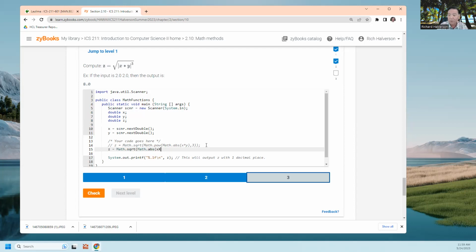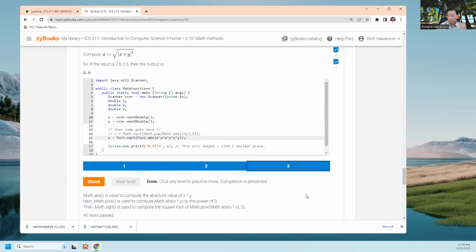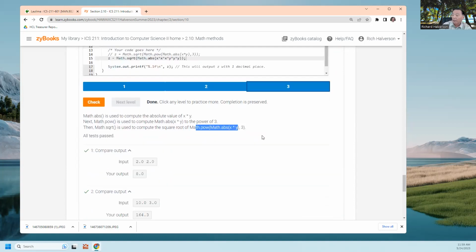X times y times y times y times y times y. Will that work now? That should work. Let's see if I get the right answer. Oh, I got the right answer. So anyway, you see, that's what they're looking for right there. All right, so that's the end of that.